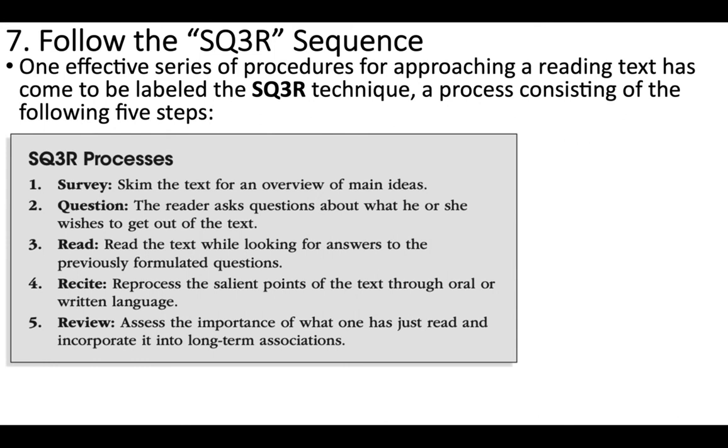And then review, assess the importance of what one has just read and incorporate it into long-term association. So this is just reviewing, really fermenting the information that they got from the text. And then it could be discussing related topics to what they have read, so that they associate it to the long-term component in their brains.